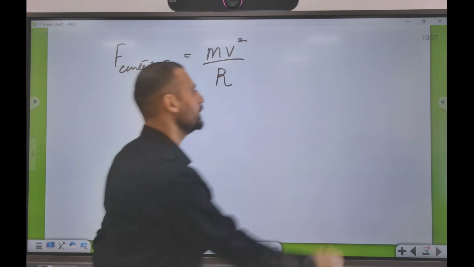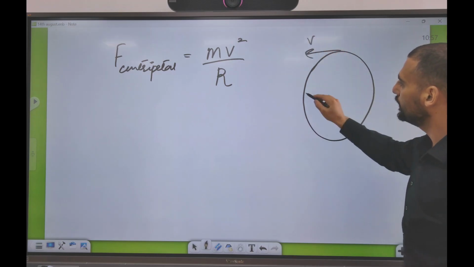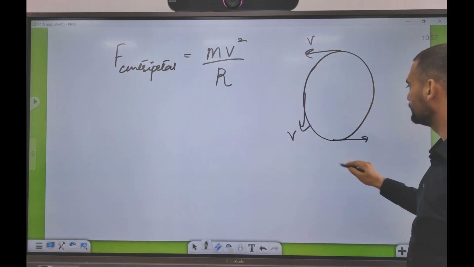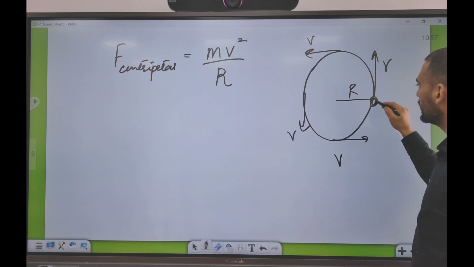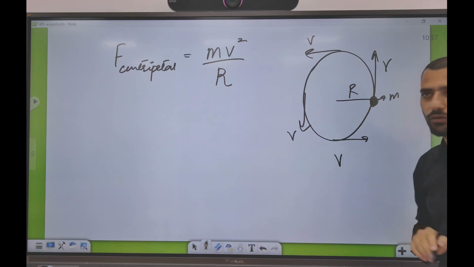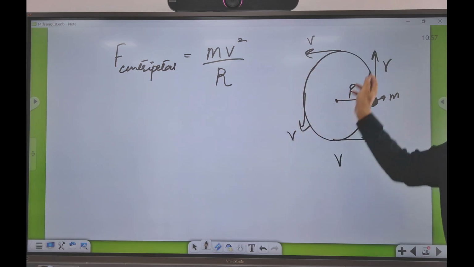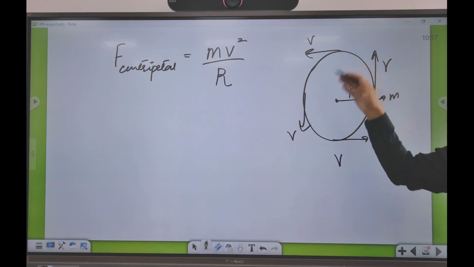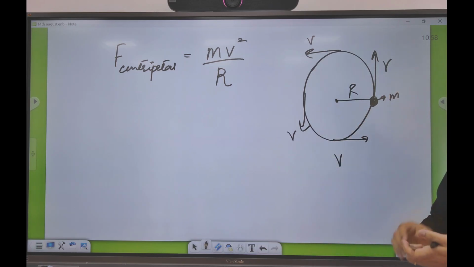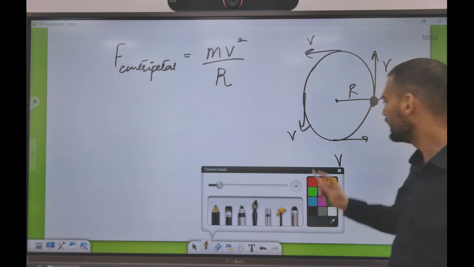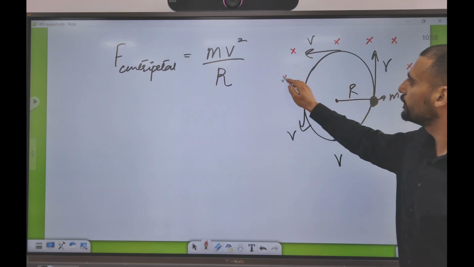So if there is a circular motion going on and the velocity of the particle is v, the radius of this path is r and the particle has a mass m, the required centripetal force so that this body continues to be in circular motion is mv²/r. Fine. But in this case, the case that we are discussing, there is a magnetic field as well, which is inwards.